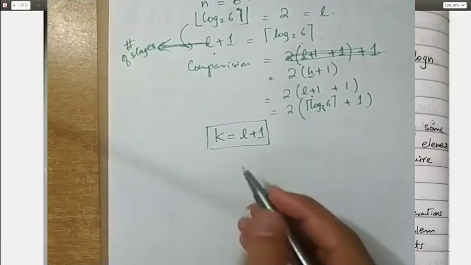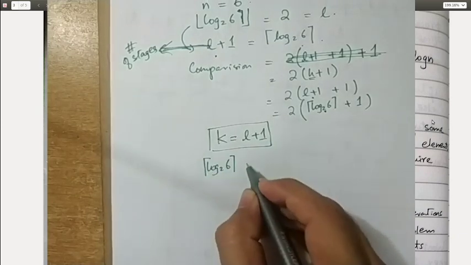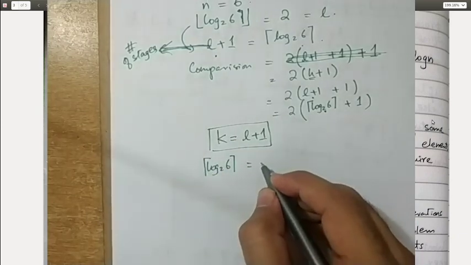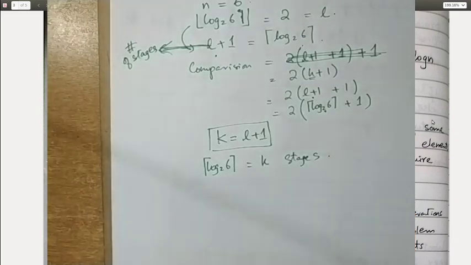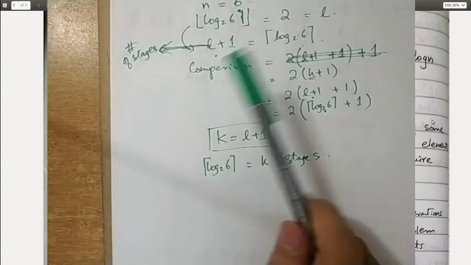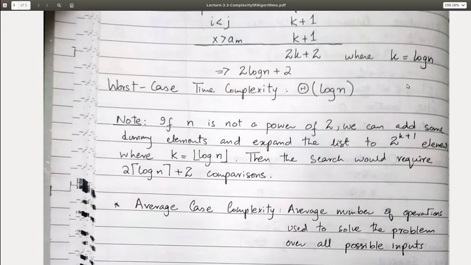If you ceil log base 2 of 6, you will just get the k stages. But it was explained in terms of flooring and ceiling in your book, so I just went with the same terminology. Okay, perfect, great. No more questions?